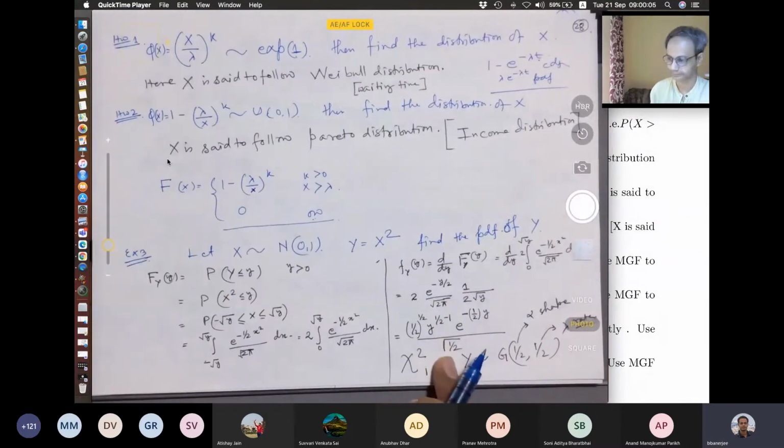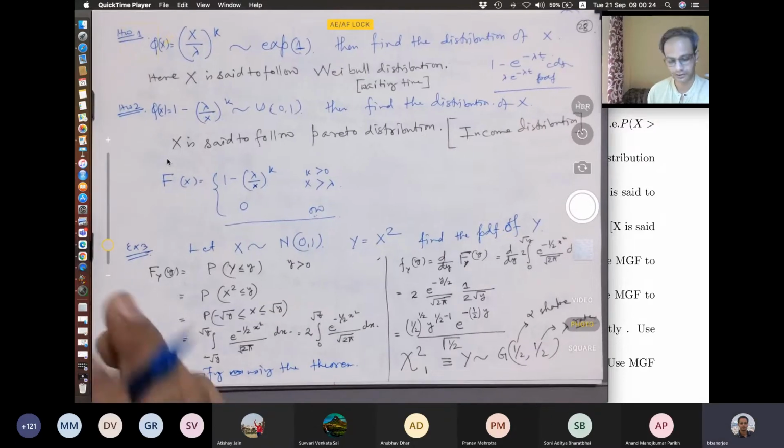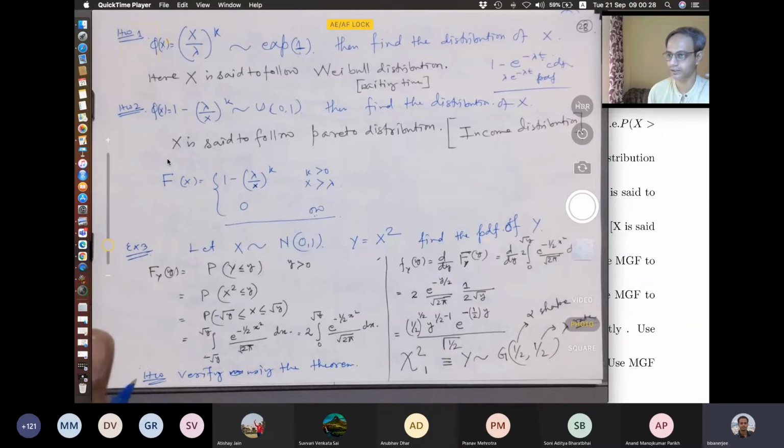Verify using the theorem: first take the part from minus infinity to 0 when it is strictly decreasing, then take the part from 0 to infinity when it is strictly increasing.